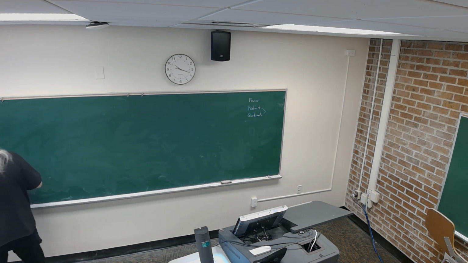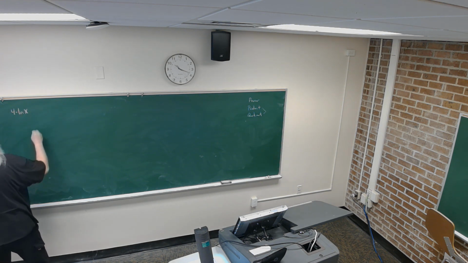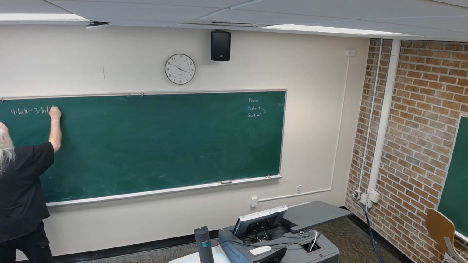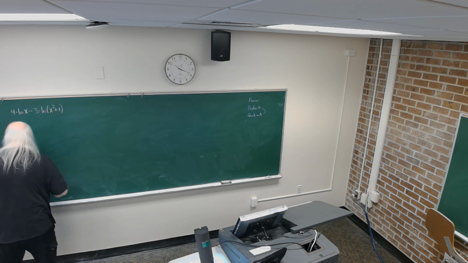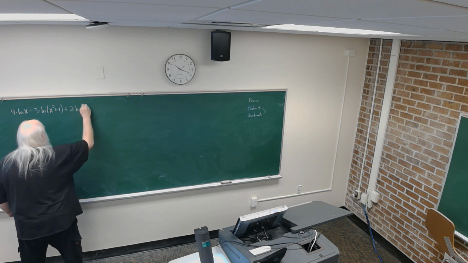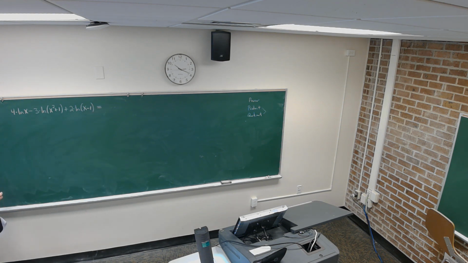Okay. So we have 4 times the natural log of x minus 3 times the natural log of x squared plus 1 plus 2 times the natural log of x minus 1.